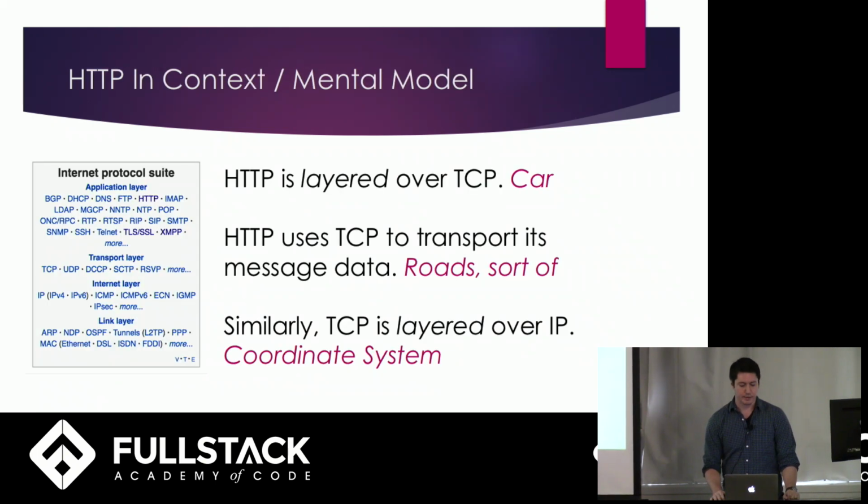It's also important to understand where HTTP fits into internet architecture. The best mental model that I could surmise here is that HTTP is layered over TCP. So we can think of HTTP as a car. TCP is like the roads that it travels over, and IP is like the coordinate system that the roads are layered over.